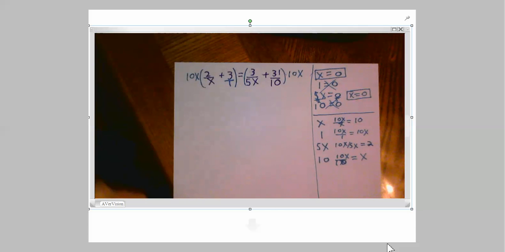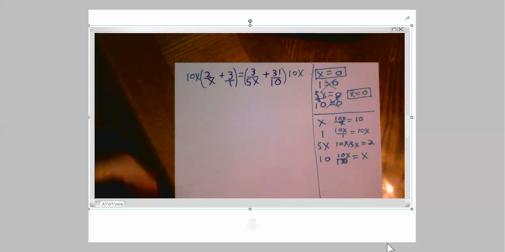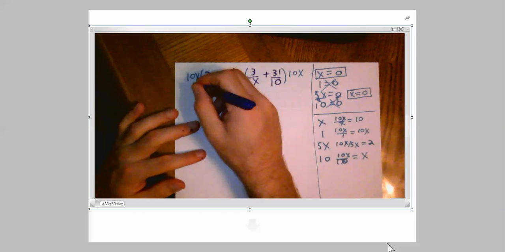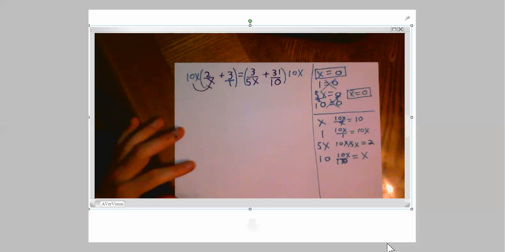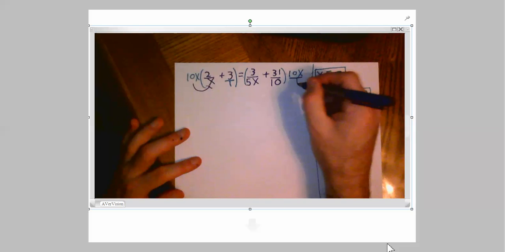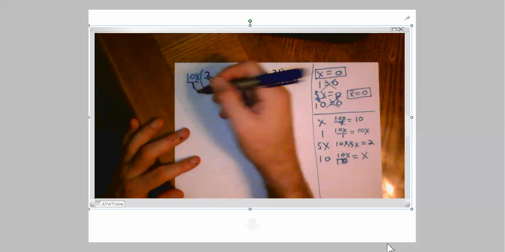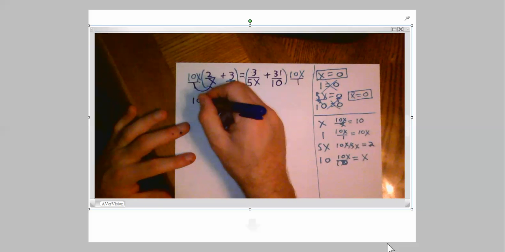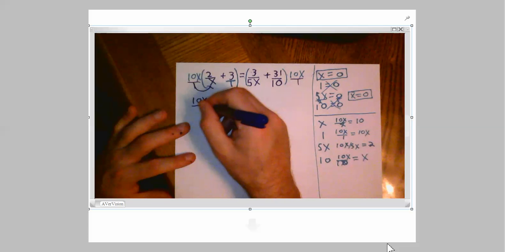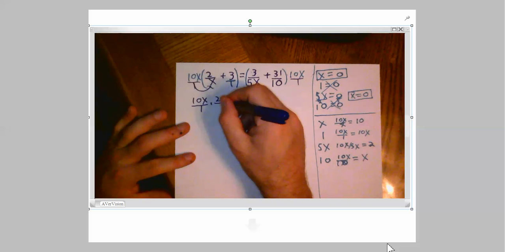Okay, now I'm going to use the distributive property and distribute the 10x to both my fractions. So I'm going to multiply 10x by the first fraction, which is 2 over x. And if you like, since I'm multiplying by fractions, you can put a 1 under the 10x. So that's going to give me 10x divided by 1 times 2 over x.